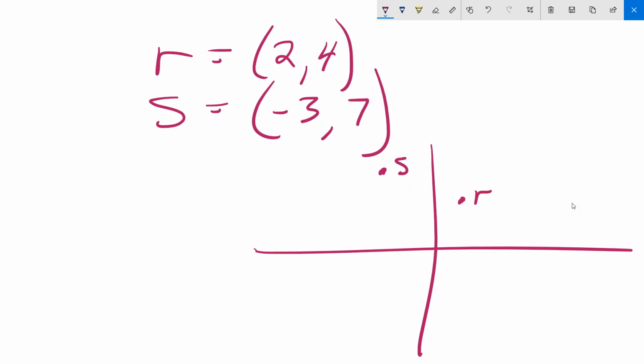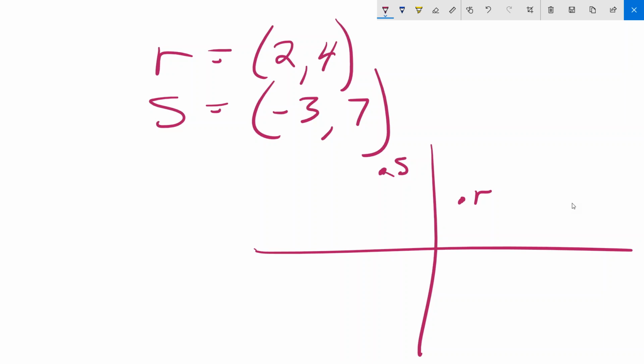Now, midpoint's actually pretty easy. The x-coordinate of the midpoint is your 2 x-coordinates added together divided by 2. The y-coordinate of the midpoint is your 2 y-coordinates added together divided by 2. It's always add together, divide by 2 to find the midpoint.